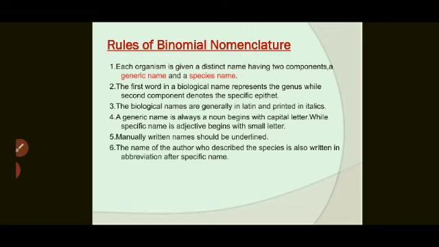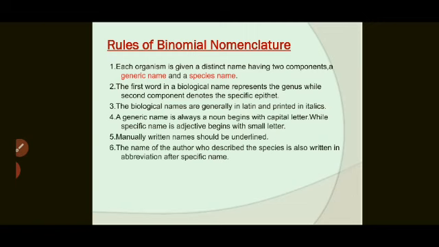A very important question, again for 3 marks or 5 marks, it will be asked in the exam. So, the first rule, again I repeat: each organism is given a distinct name having 2 components, a generic name and species name. Secondly, the first word in a biological name represents genus, while the second component denotes the specific epithet or the specific name.